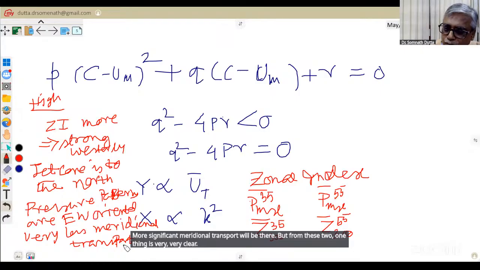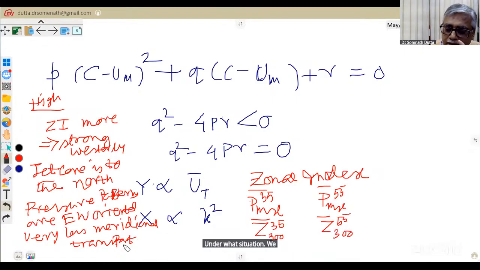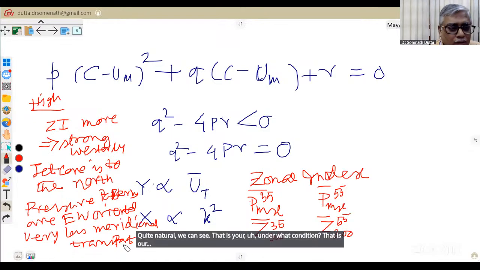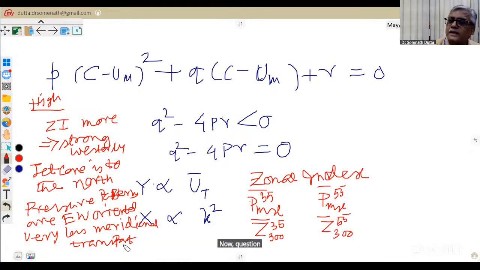Under what situation can we get a deep penetrating westerly wave? Quite naturally, it is under the low zonal index condition. Now the question is, this low zonal index condition arises due to this baroclinic instability only.